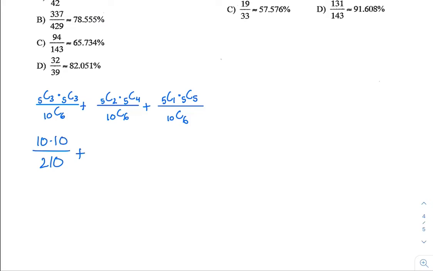So that 5 choose 2, 10 times 5 choose 4, 5 out of 210, plus 5 choose 1, which is 5, times 5 choose 5, which is 1.